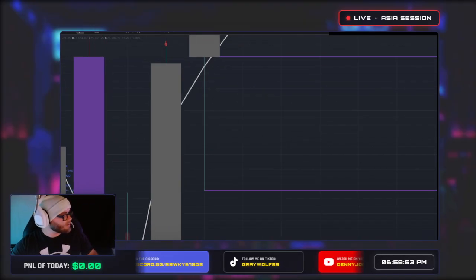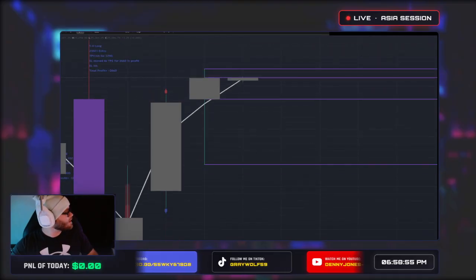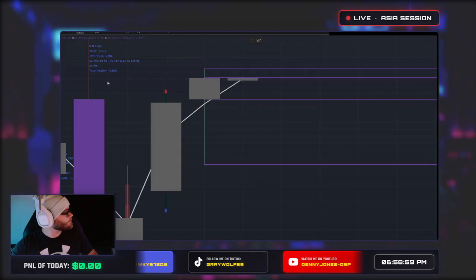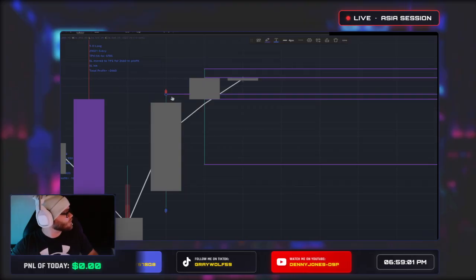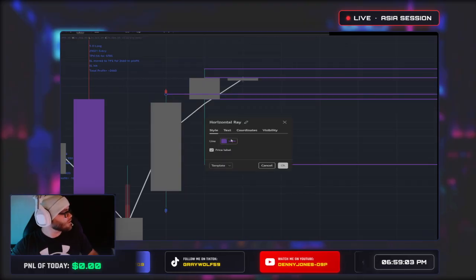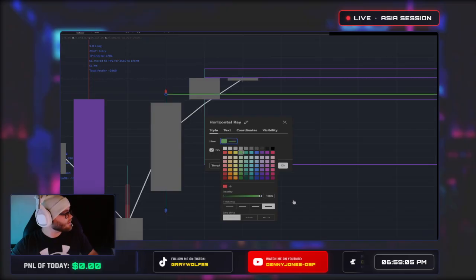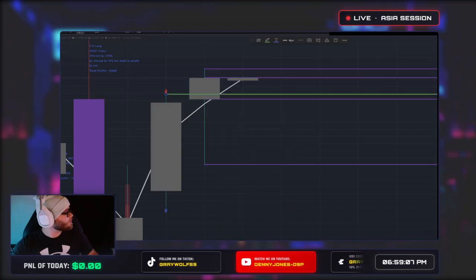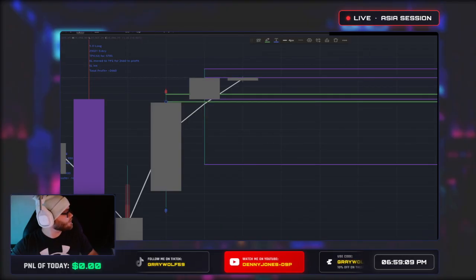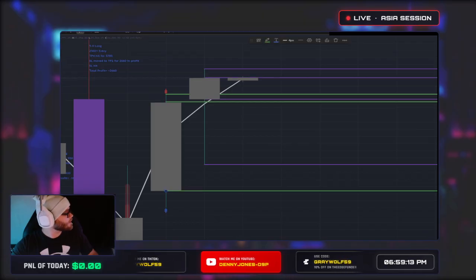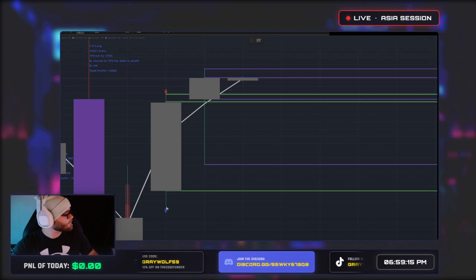Now, if we go back and let's say we mark out, let me change this to a different color. Do this one, and we'll change it to green. All right. Change that one, put this one, and this one.